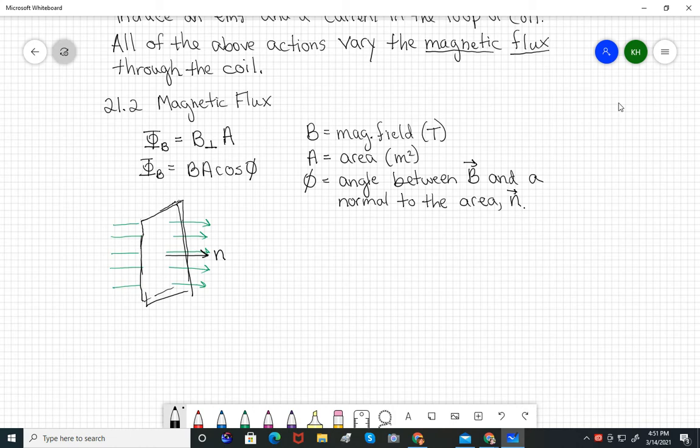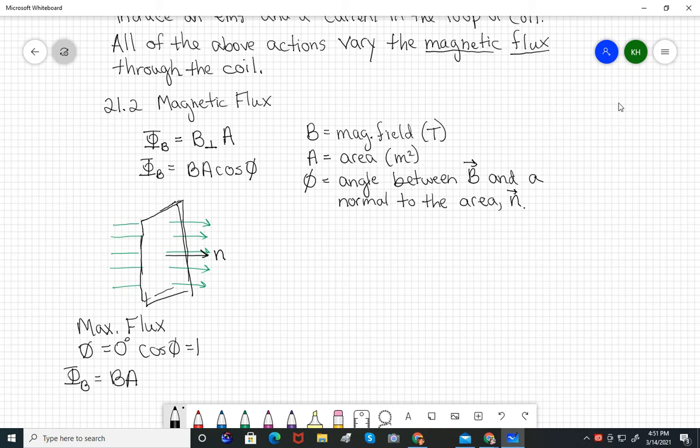That orientation gives us the maximum flux, because phi is equal to 0 and cosine phi would equal 1. So our flux would just be B times A.